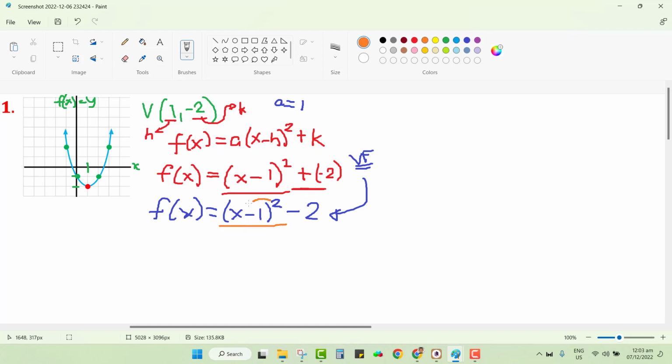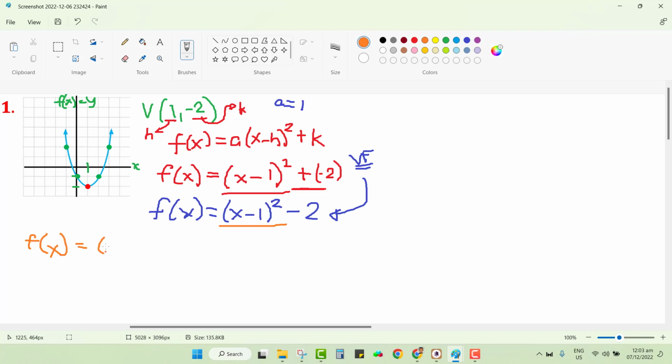Take note, you cannot use the power law because the binomial is separated by addition or subtraction, specifically subtraction here, and the power law will not hold true. What you could do here is to understand that if you have a square of a binomial, you write it in this manner.